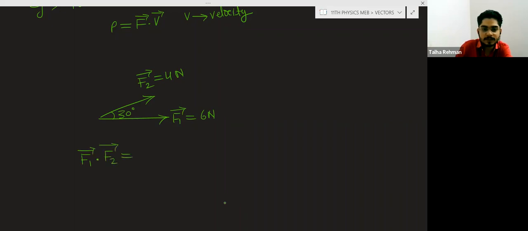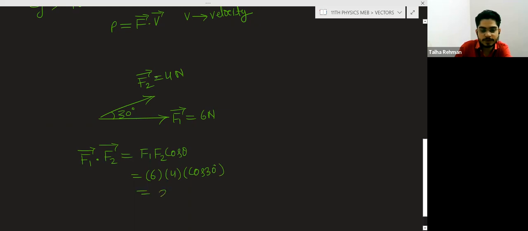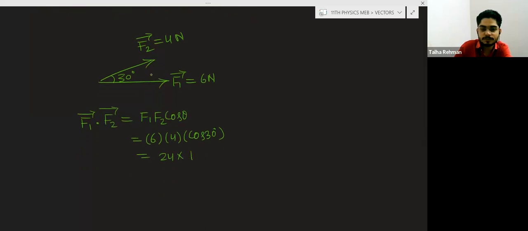So you will write F1 F2 cos theta. F1 is the magnitude of F1, that is 6. F2 is the magnitude of F2 vector, that is 4. And here you will write cos 30 degrees. So this will become 6 times 4 is 24. Cos 30 is root 3 by 2. So you will get 12 root 3 Newton.